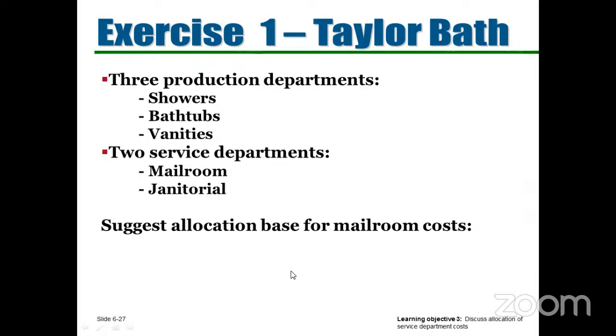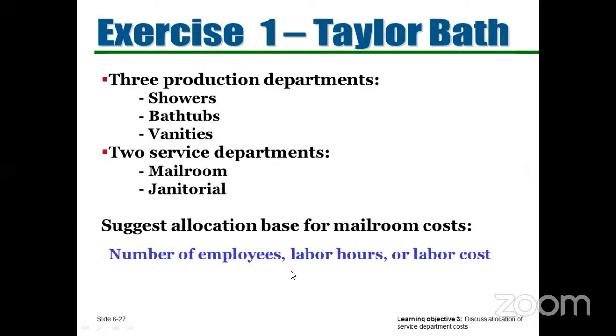Okay, look at this simple one. It can be any basis you use. Mail room cost means the handling of the company's incoming and outgoing correspondence. If the department is very big, with a few hundred employees, they will need mailing room staff to send all the correspondence, letters, emails, whatever, to the relevant departments.